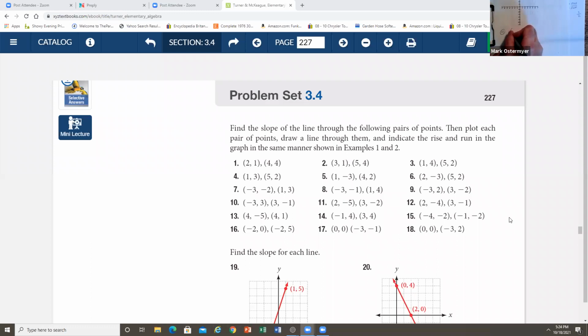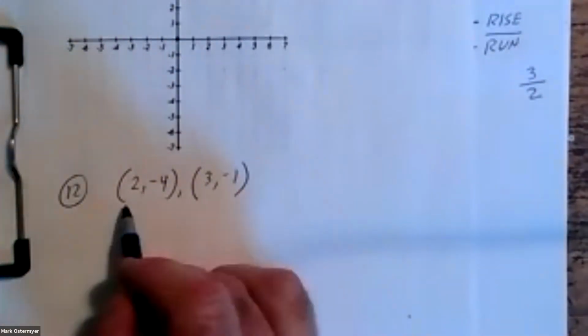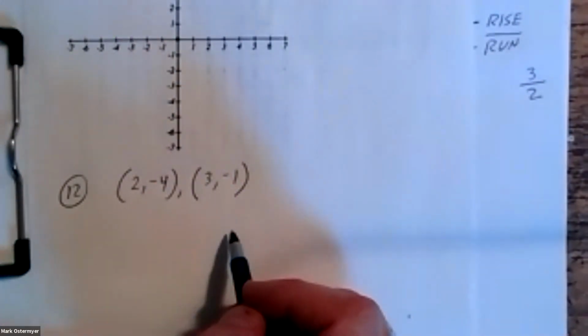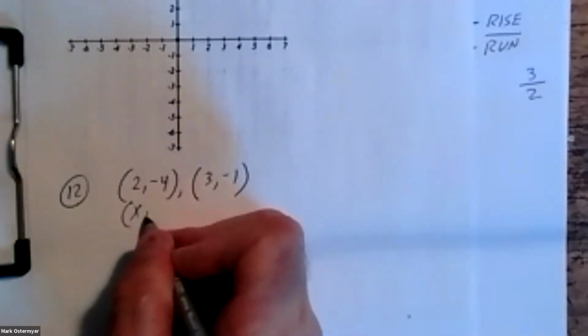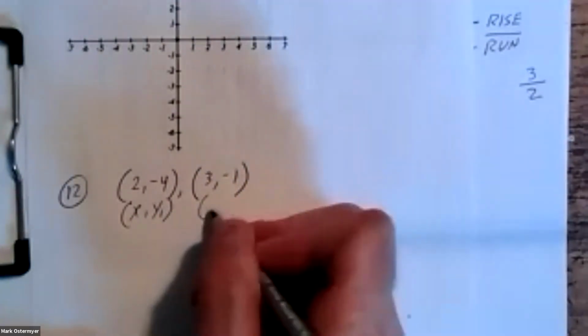They give us 2 points on a line: (2, -4) and the other point is (3, -1). And they want you to find the slope of the line that contains these 2 points. It does not matter which one you call your first and second point, totally arbitrary. Maybe we'll call this one our first point, and we'll designate this as our second point.